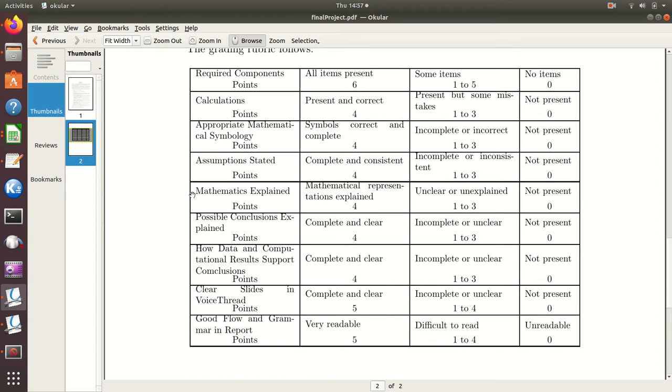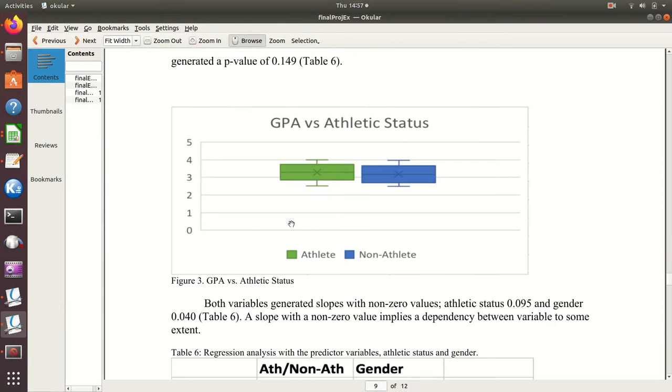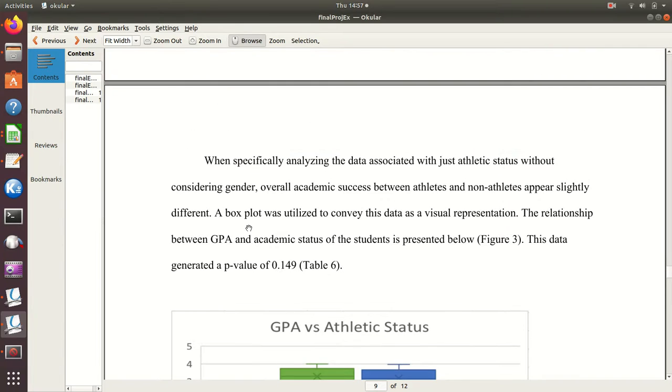Assumptions stated. Okay, now there, some of your assumptions come in the confounding variables. Okay, so they mention that pretty nicely. Now they could have said more about those confounding variables, and justified that better. But yeah, that wasn't bad. That was pretty good if you remember what we talked about there.